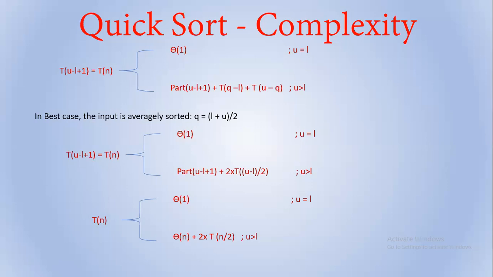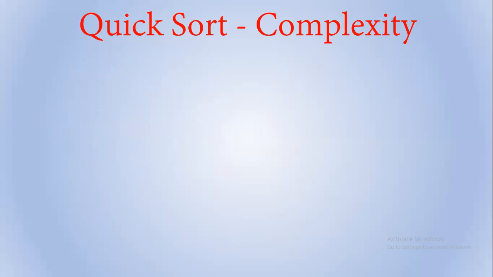Right. So now we can write a recursive equation like previous. Theta n plus 2 T(N by 2). T(N by 2) can be written as theta (n by 2) plus 2 T(N by 4). Likewise, we can continue the recursion like previous.